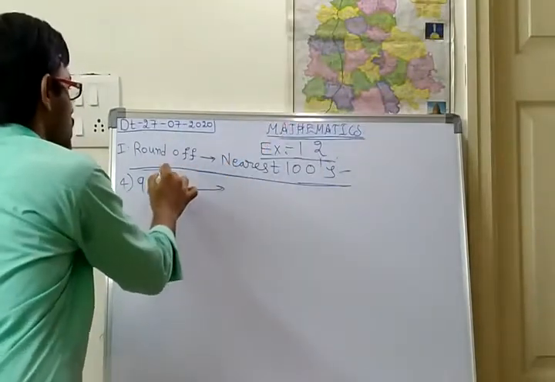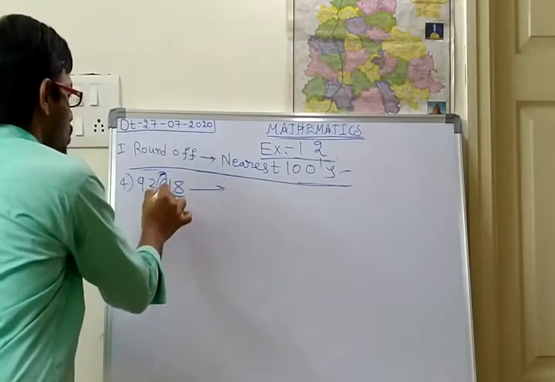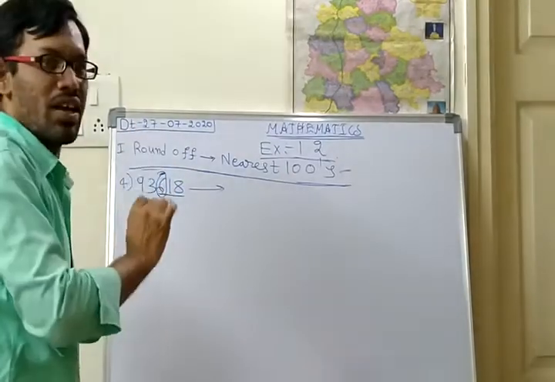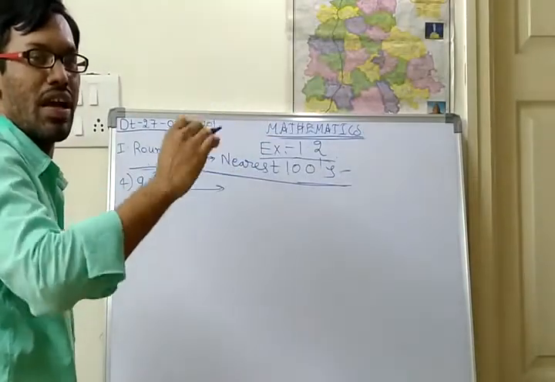What is there in the 100's place? 6 is there. That means 600, and in between 600 and 700 we need the nearest 100.